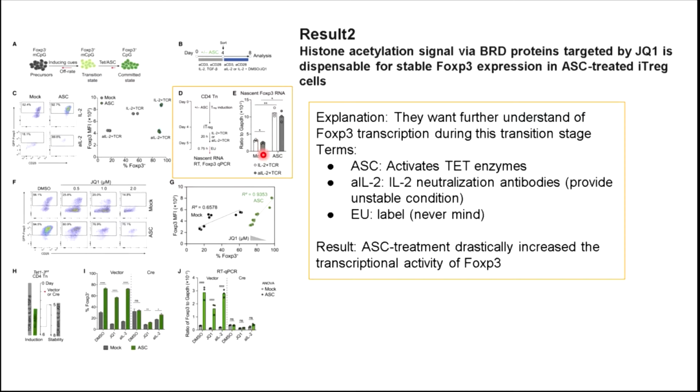It suggests an accumulative effect of weakened IL-2 signaling on the stability and levels of Foxp3 expression. In contrast, ASC treatment drastically increased the transcriptional activity of Foxp3, suggesting a sudden change of the mechanisms governing Foxp3 transcription.